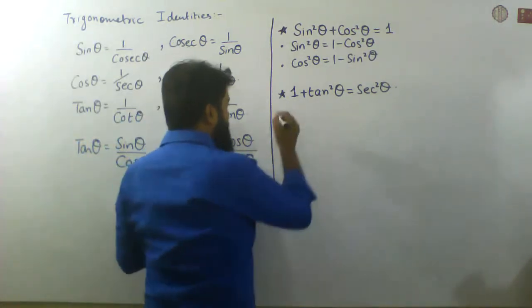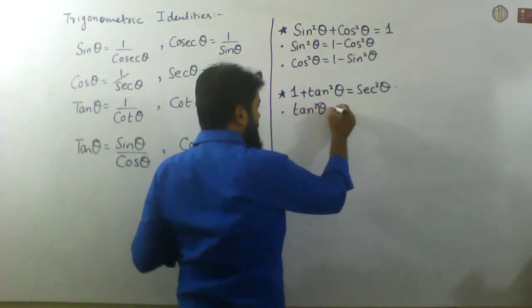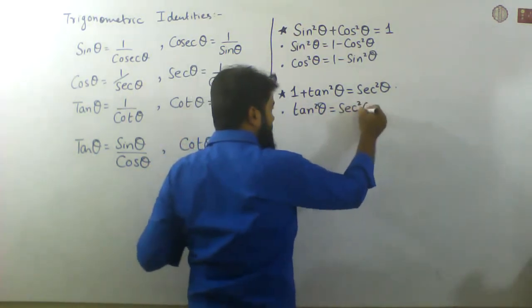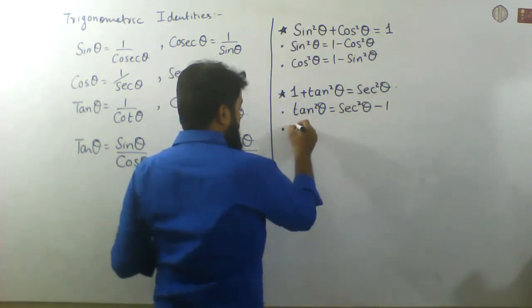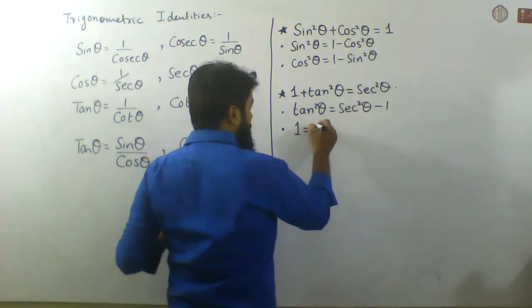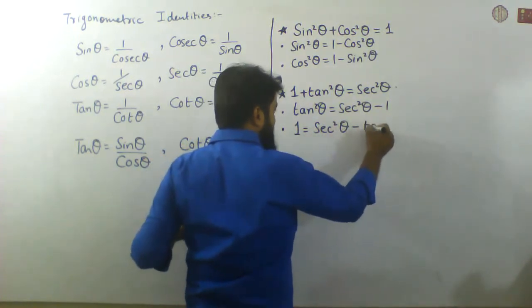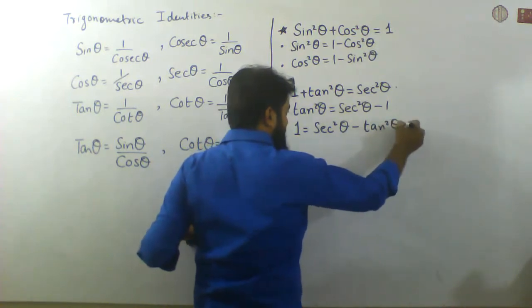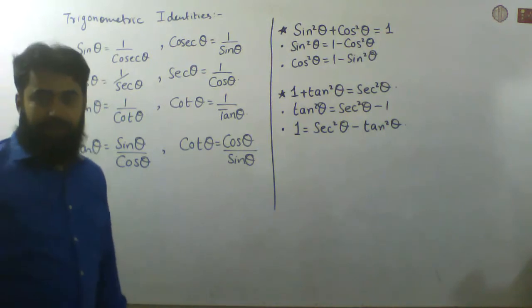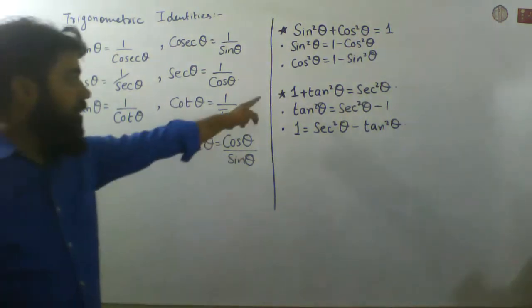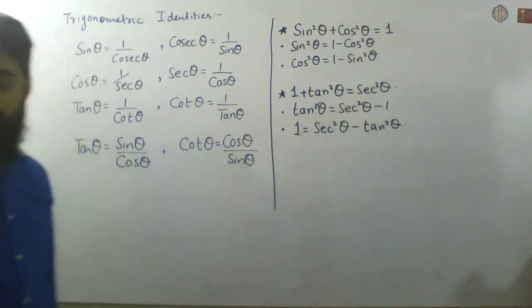You can write it in this form also: tan square theta equals sec square theta minus 1, or 1 equals sec square theta minus tan square theta. These two are its variations.